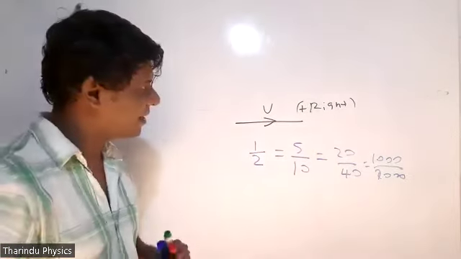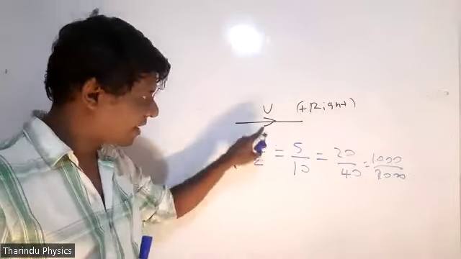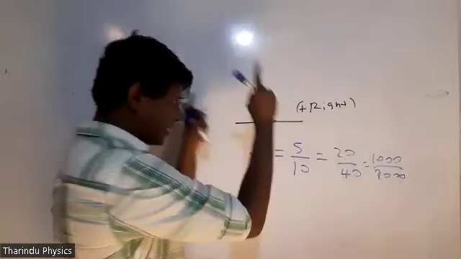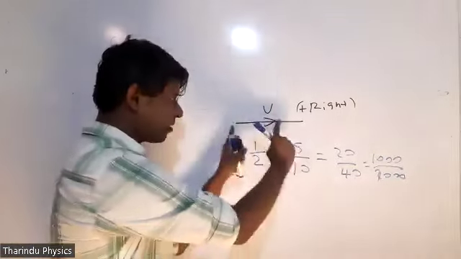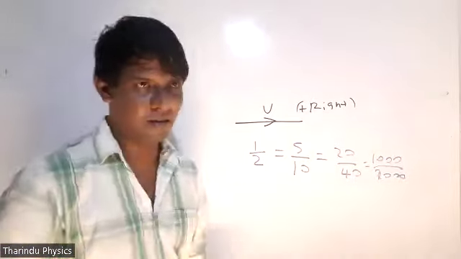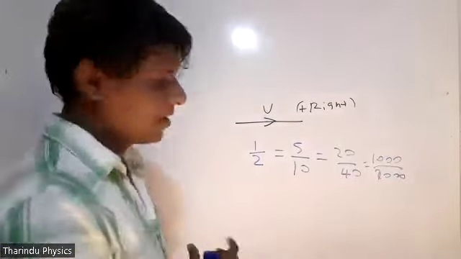In a similar manner, you will have to find a certain vector that is an exact copy of this. That is what is called an equivalent vector.